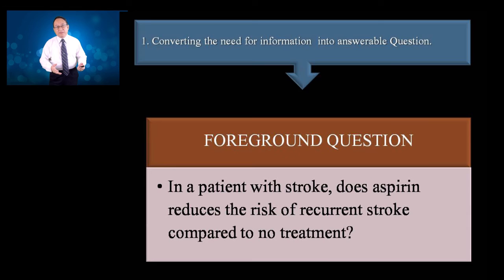What kind of treatment can be used to treat that patient? That's what we call a foreground question. Foreground questions mean you provide questions, but there should be an answer for those questions. The answer should be available in the journals from the research, the result of the research.